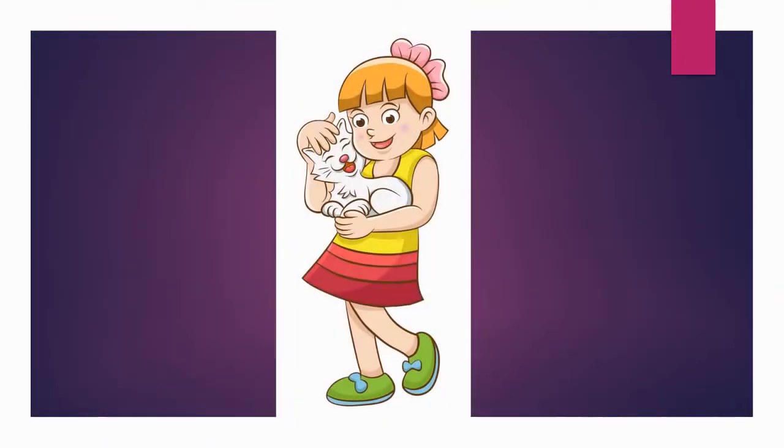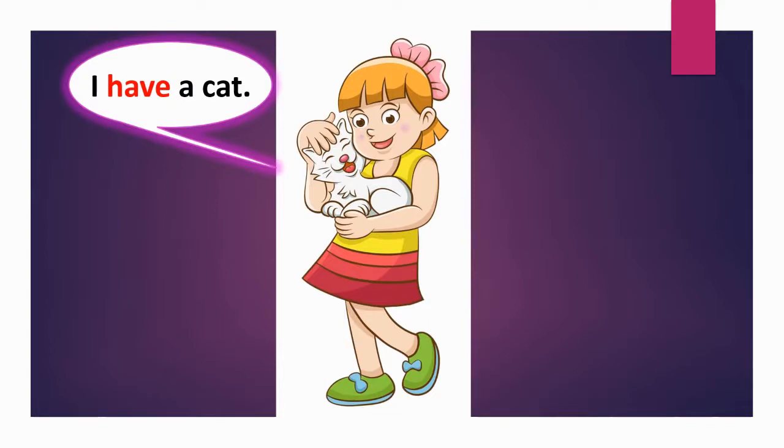Now what can you see in this picture? Yes, you can see a girl and she is holding a cat. So Ritu says, I have a cat. Ritu is using have to tell you that she has a cat.